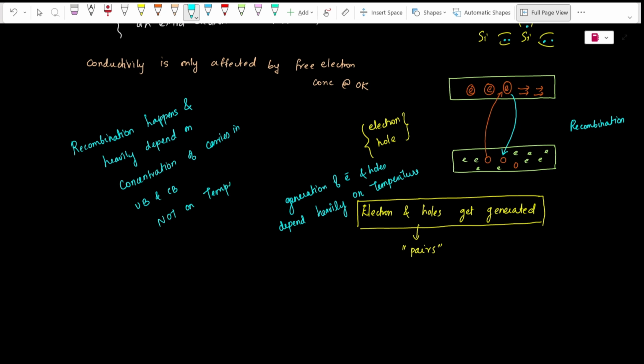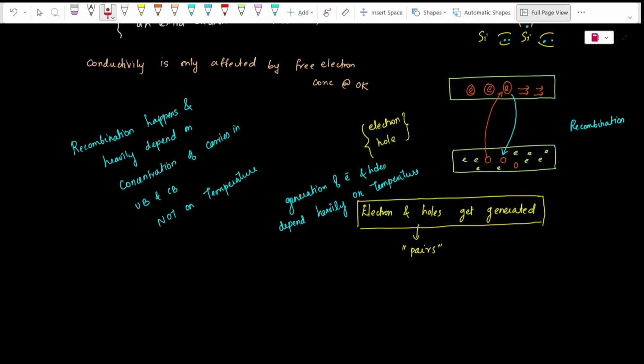So this is a key point. What is the key point? The electron hole pair generation depends heavily on temperature, but the recombination does not depend upon temperature; it depends upon the concentration of carriers in the valence band and conduction band.